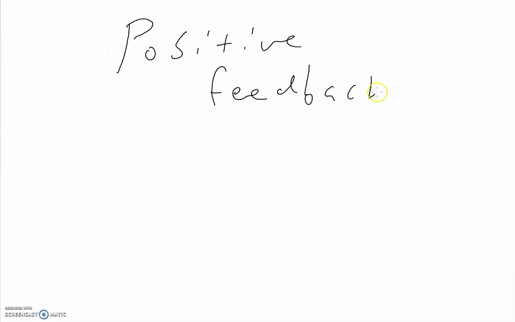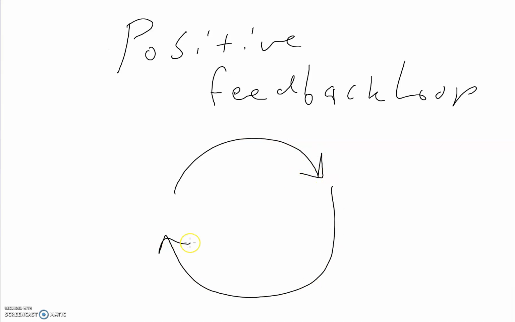Okay, so the first thing we're going to start with is the positive feedback loop. As you can imagine, loop is pretty clear, something like a cycle. So the thing with the positive feedback is, as one thing increases, another thing increases.